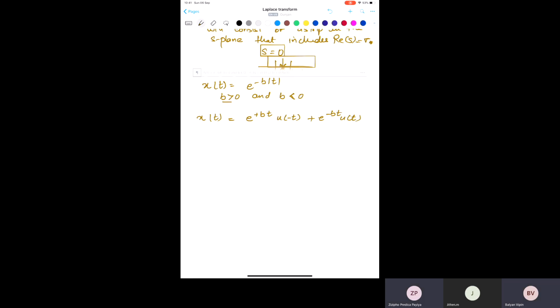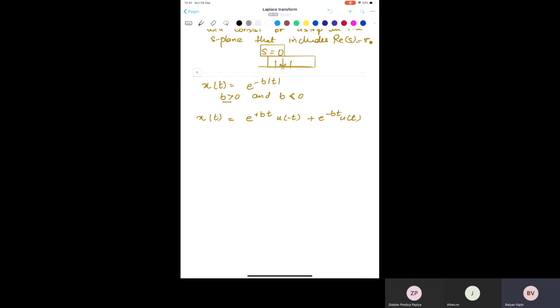You understand? Yes, sir. Because mod of t, for t greater than 0, we can replace by a u(t) function to find the range. So for t less than 0 it is minus t multiplied with it, and for the positive side it is plus t multiplied with u(t). So it's in this form.